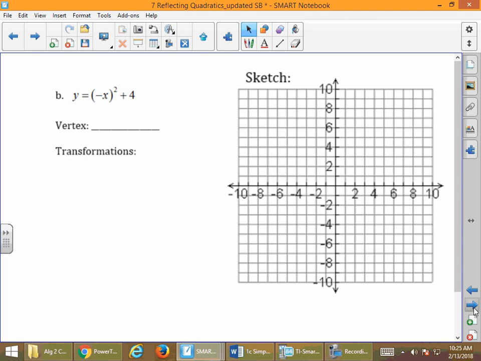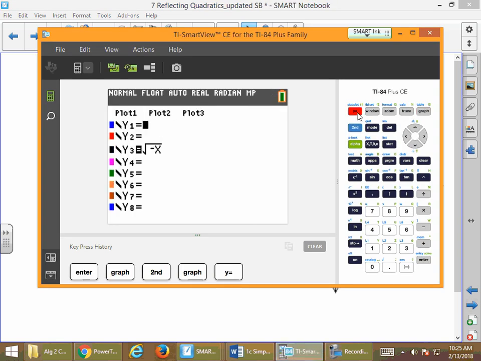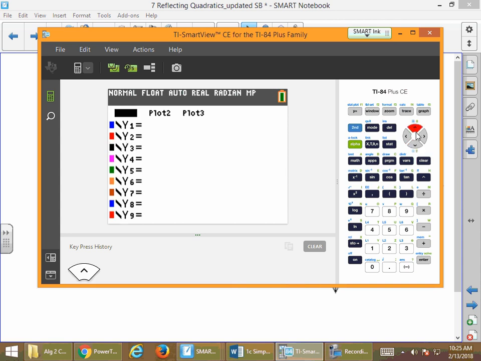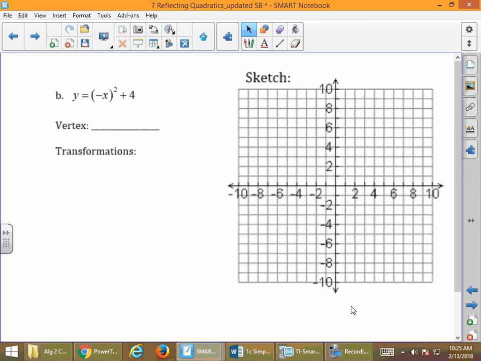And for those of you who have a calculator, let me recommend that if you don't know what the vertex is when you're working with these problems, then why not type in the equation, try that again, and see if we can identify the vertex from there.